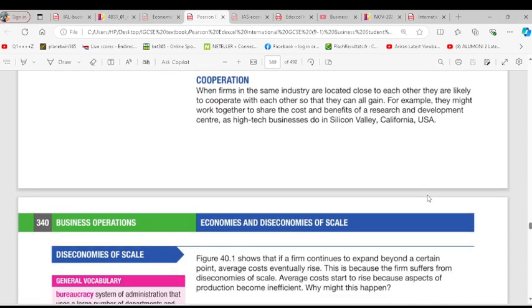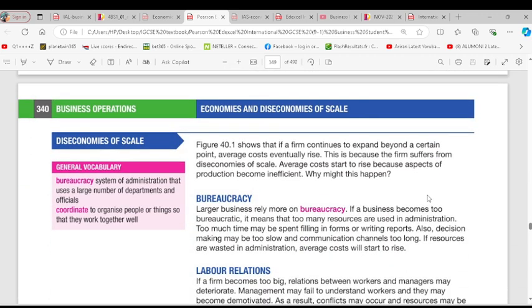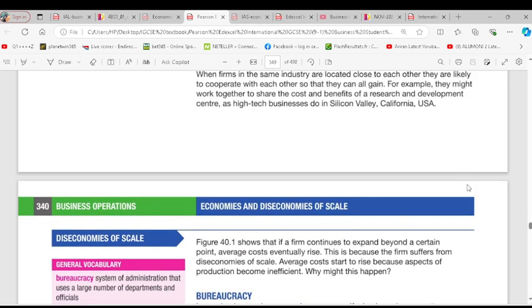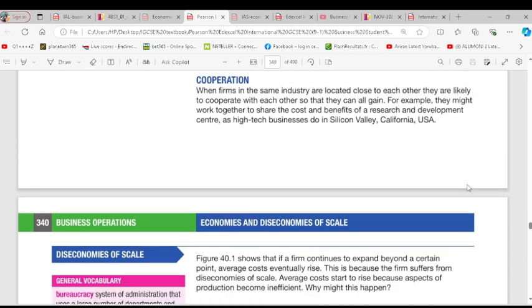Cooperation. When firms in the same industry are located close to each other, they are likely to cooperate with each other so that they can all gain. When we talk about cooperation, we're simply talking about working hand in hand.